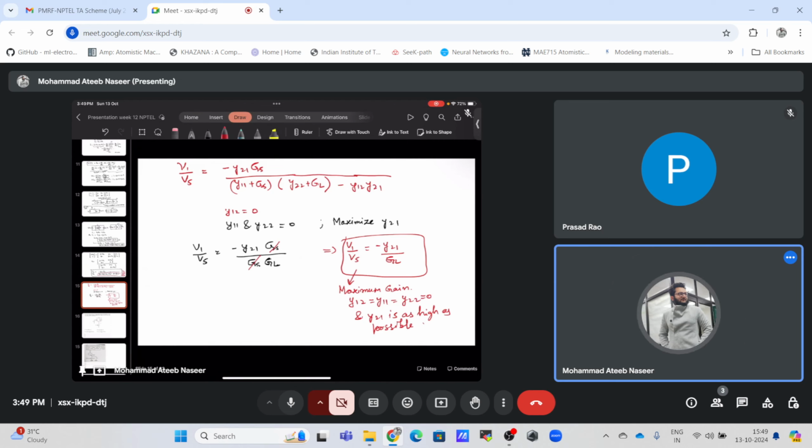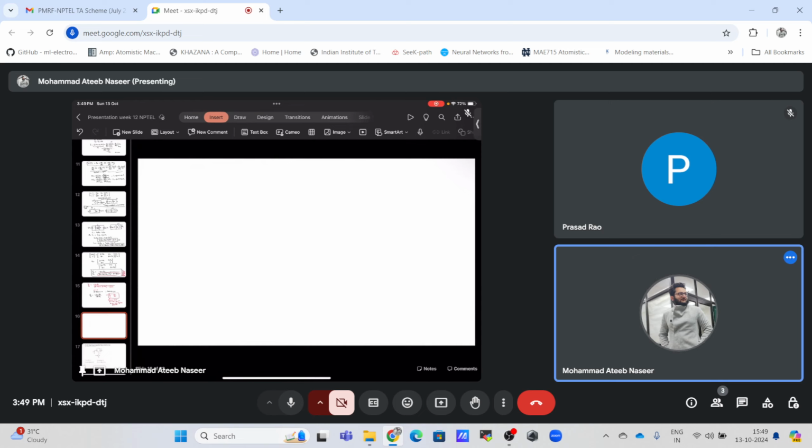Okay, let me insert some slide. So what we have said is that in order to maximize V2, we don't want the current to flow through Y22.